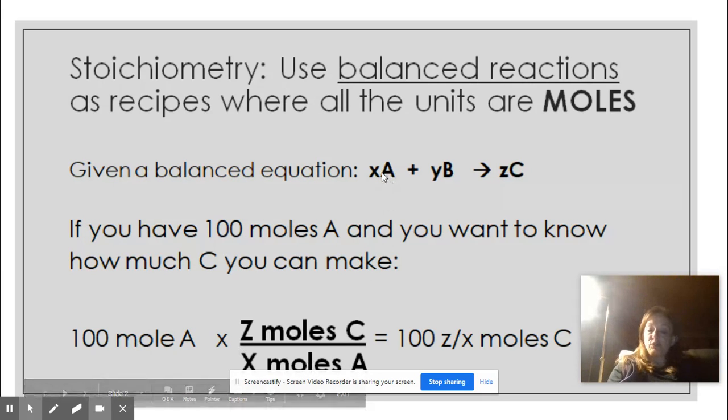And from the balanced reaction, you can see that X of A yields Z of C, and so that's where I'm getting this ratio here, where Z moles of C come from X moles of A. See how I'm using the balanced reaction to show X moles of A plus Y moles of B become Z moles of C.